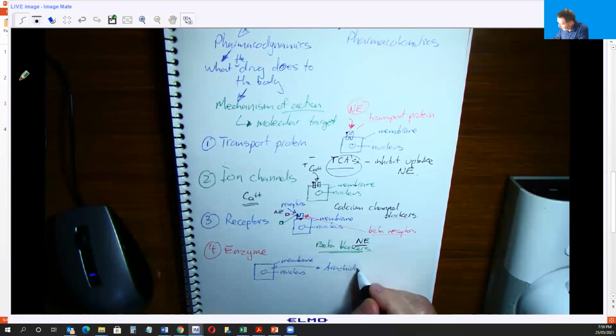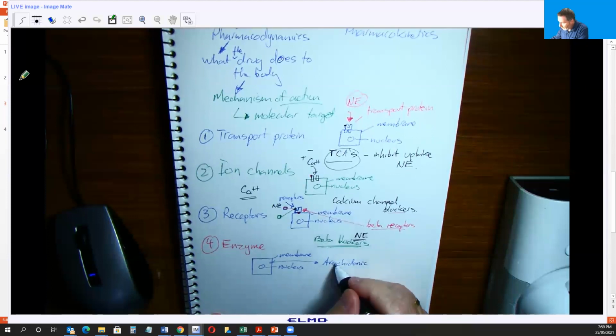And arachidonic acid, by the way, is eventually converted into substances called prostaglandins.